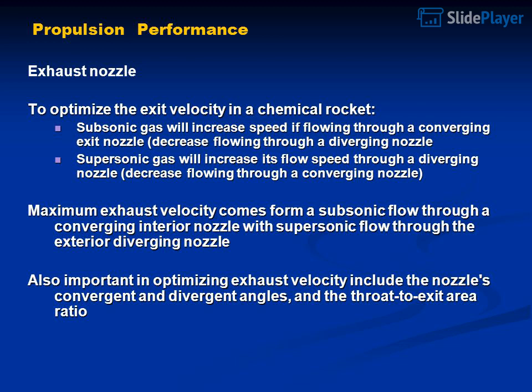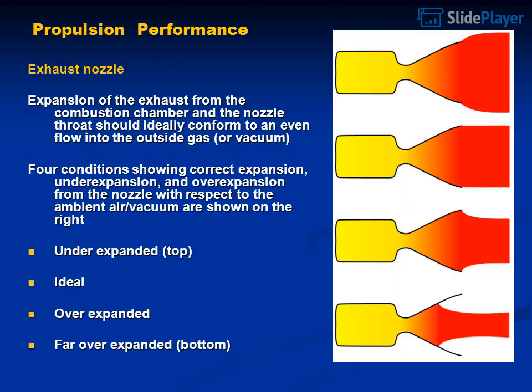Supersonic gas will increase its flow speed through a diverging nozzle, and decrease flowing through a converging nozzle. Maximum exhaust velocity comes from a subsonic flow through a converging interior nozzle with supersonic flow through the exterior diverging nozzle. Also important in optimizing exhaust velocity are the nozzle's convergent and divergent angles, and the throat to exit area ratio.